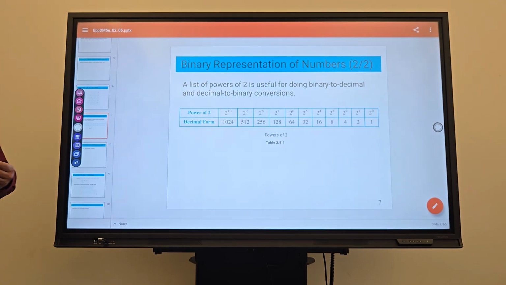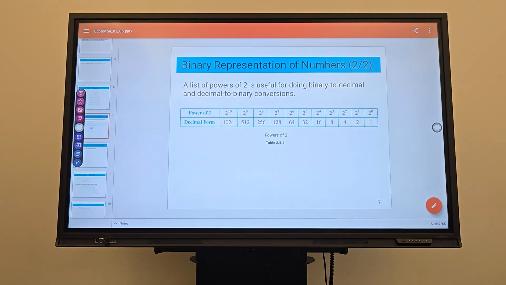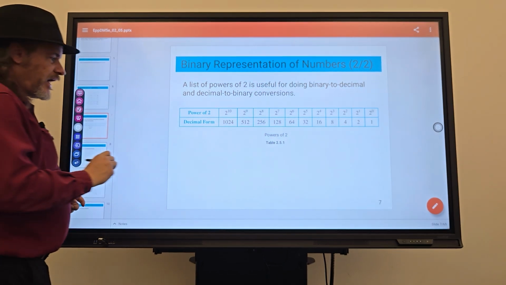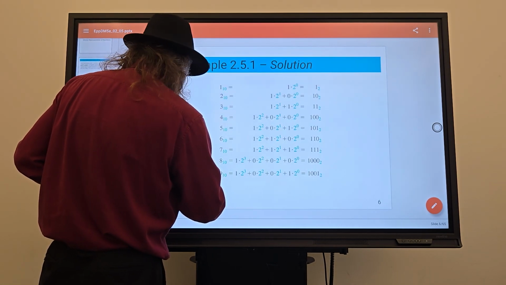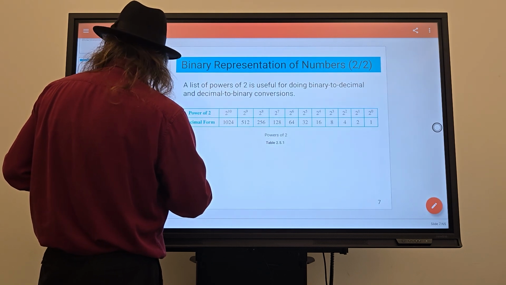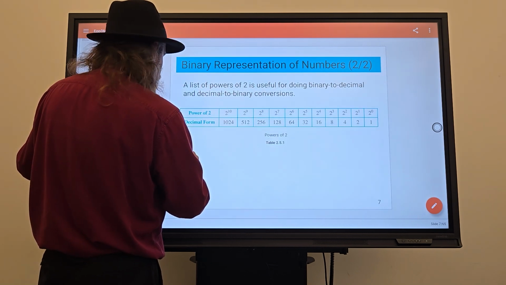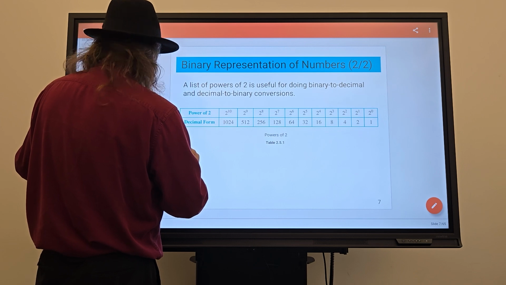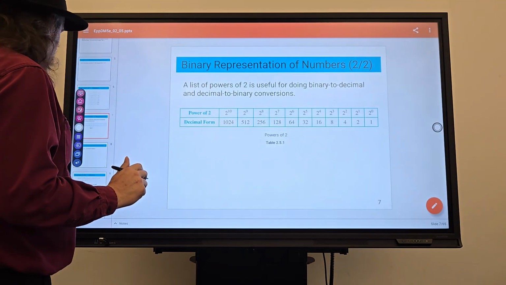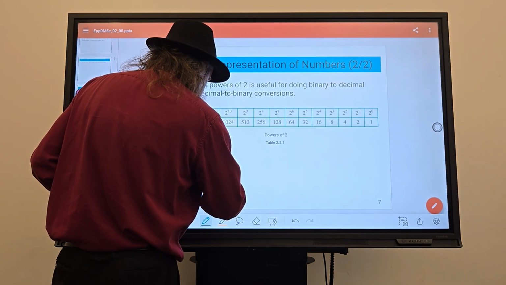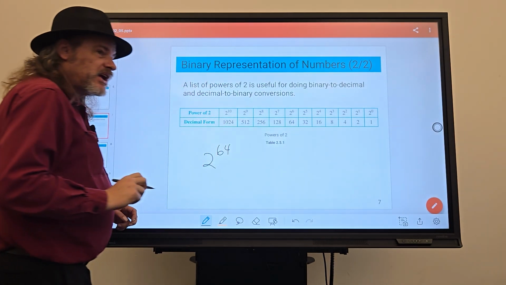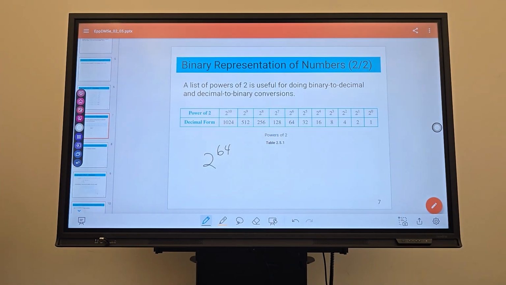So a 64-bit computer, like the ones at your desks or that you're typing on, would have 2 to the 64th power combinations of addressable space.